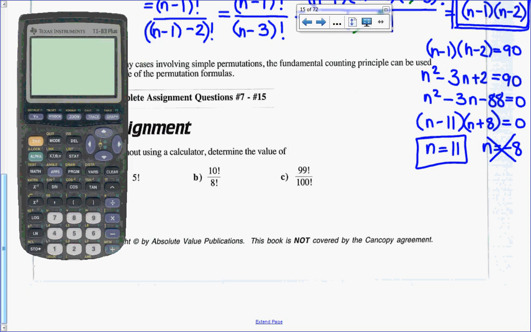In any equation, n factorial over (n minus r) factorial, your n has to be a natural number, so it can't be negative. Okay, so I know my answer is n equals 11.